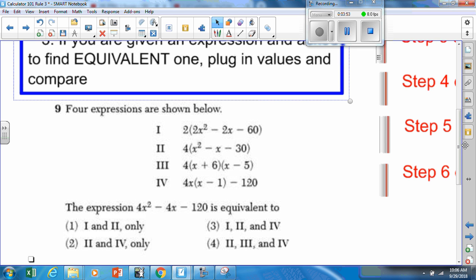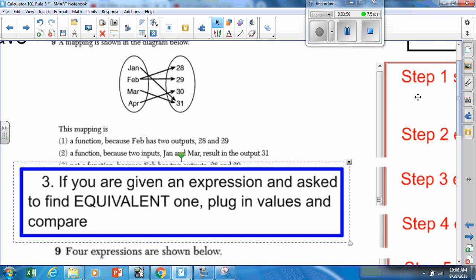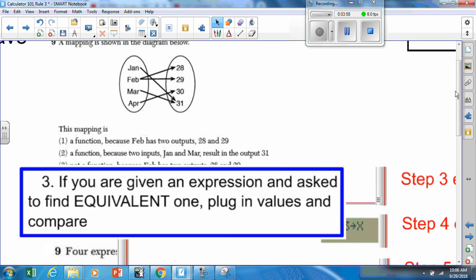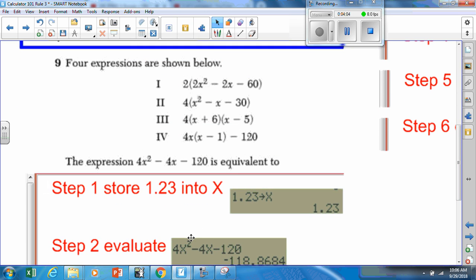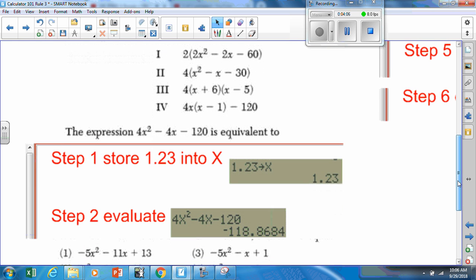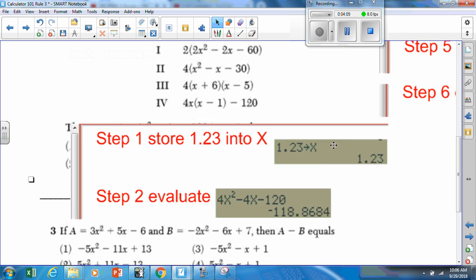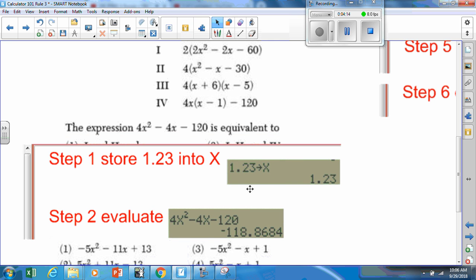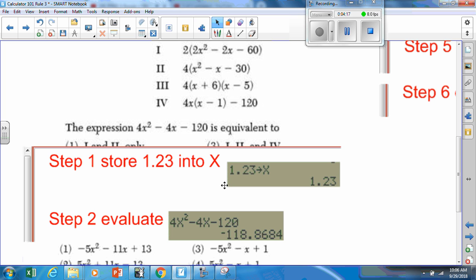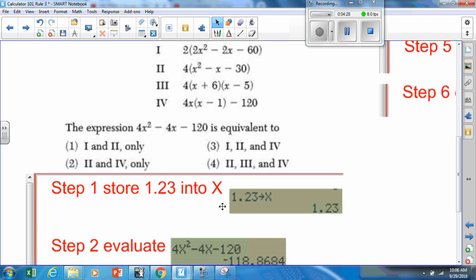In step 1 and step 2, what we do is we store values into our calculator. And after we store values into our calculator, we look at what it produces. So 4x squared minus 4x minus 120 is going to produce a value of negative 118. So we're looking for the expression that doesn't give us back negative 118. And that's how we're going to base our decision making.